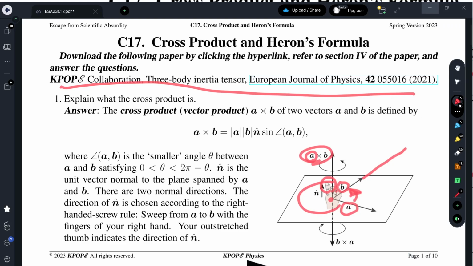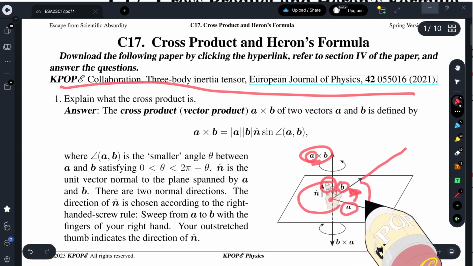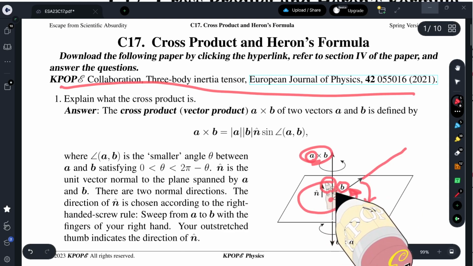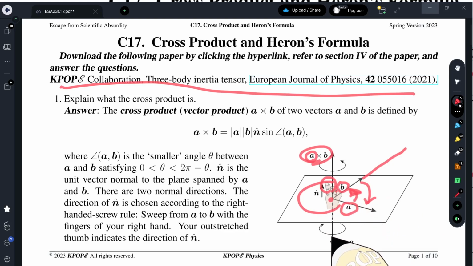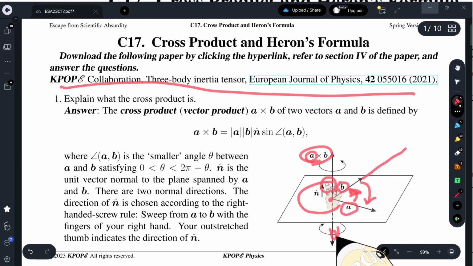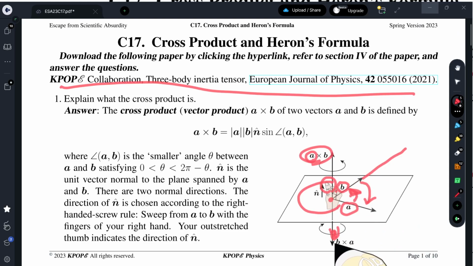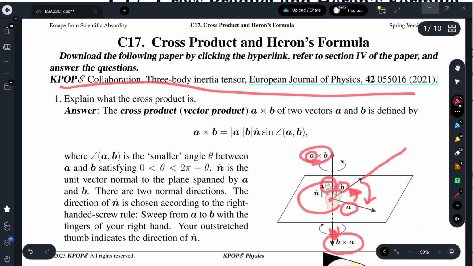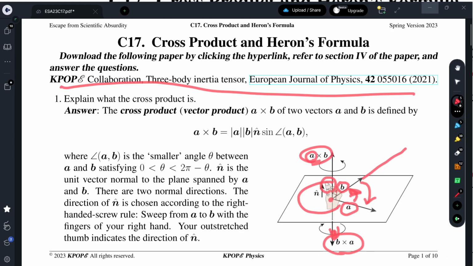If I swipe from B to A with the right hand, then the thumb will be parallel to the opposite direction. So this direction is chosen to be the direction of B cross A. So A cross B and B cross A are opposite.